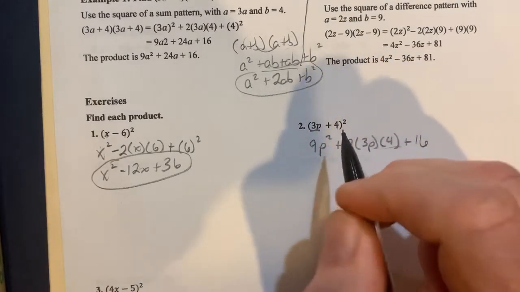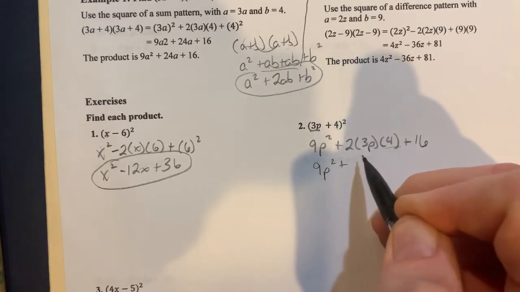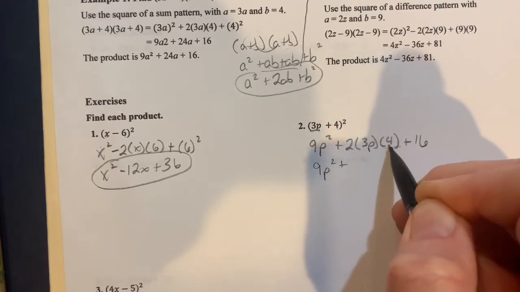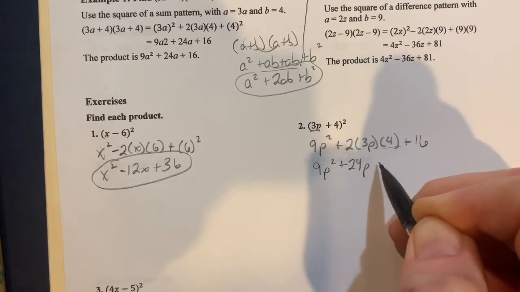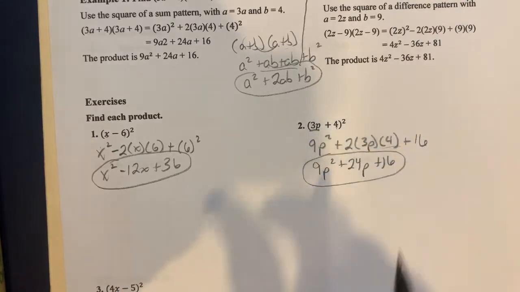So clean this up. 9p squared plus, that gives you 6 times 4 is 24, 24p plus 16. And that's your answer.